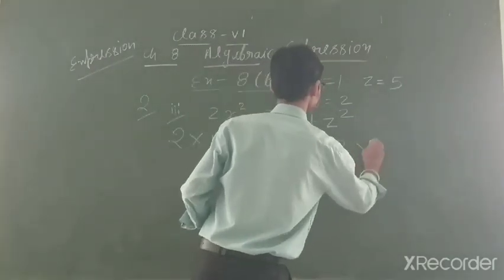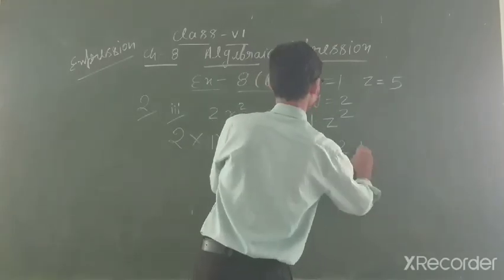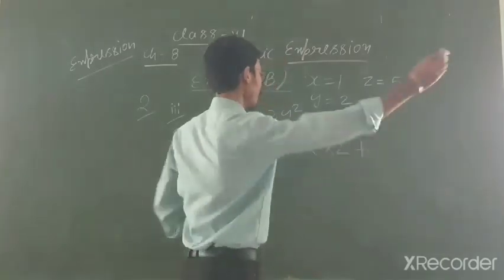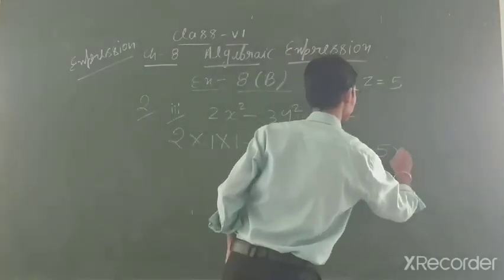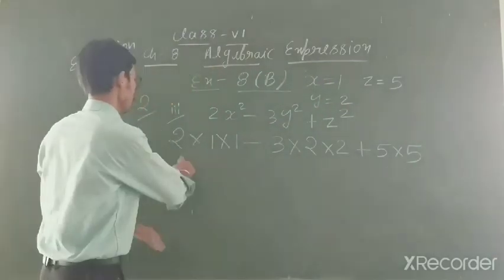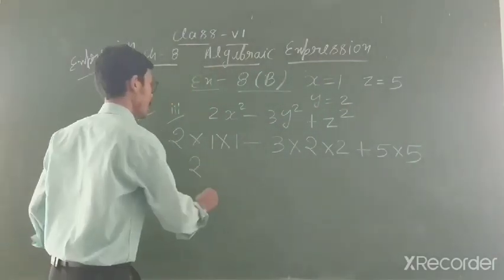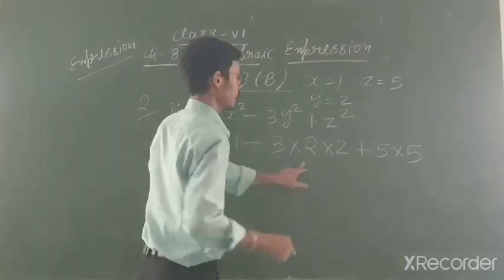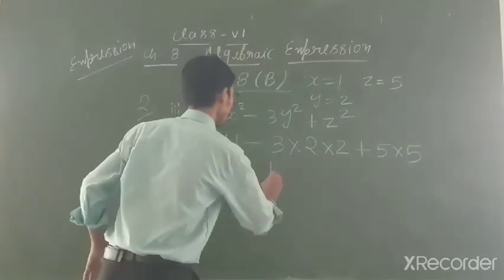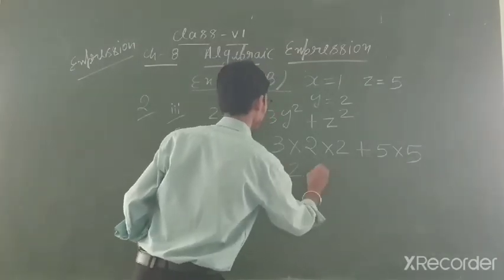Now next is plus z square. The value of z is 5. So you can write down 5 multiply by 5. Is that clear, students? Now come to the quotient. 2 1 ja 2, write down 2, minus 3 2 ja 6, 6 2 ja 12. So write down 12 plus 5 5 ja 25.